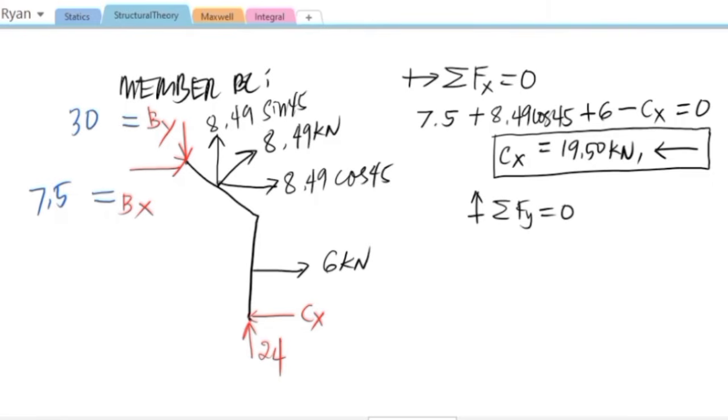So, BY is directed downward, so that's negative 30 plus the vertical component of 8.49, it is 8.49 sine of 45 plus 24 is equal to 0.